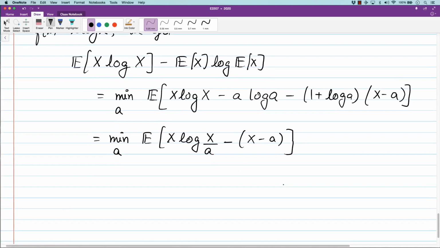So what we have, if you see this guy there, then you recognize it perhaps as the entropy. So we have shown that entropy of x is equal to minimum over a of expected value of x log (x by a) minus (x minus a). Because we're talking about entropy, we take non-negative random variables here.